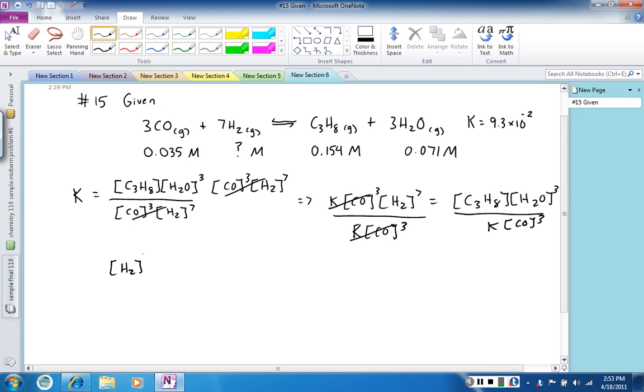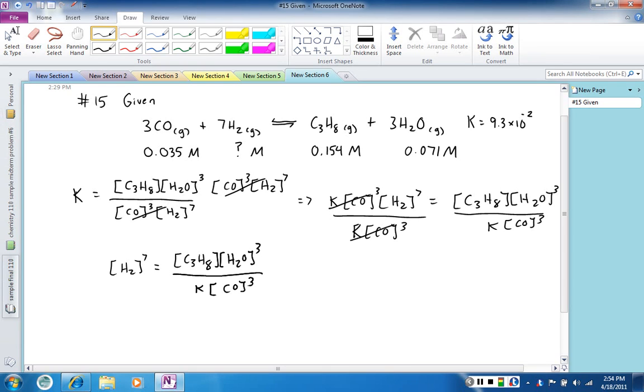We're left with concentration of H2 to the 7th equals concentration of C3H8 times H2O cubed divided by K times concentration of CO cubed.